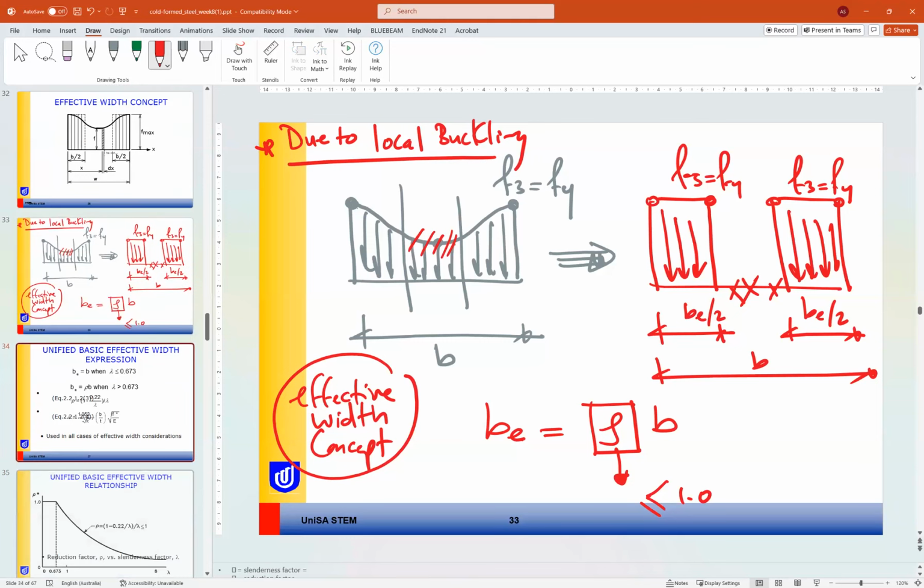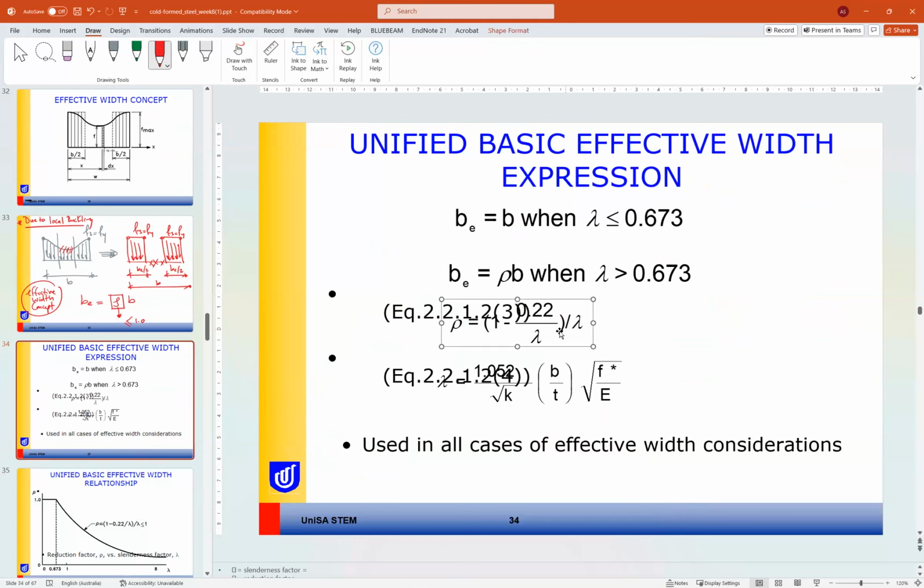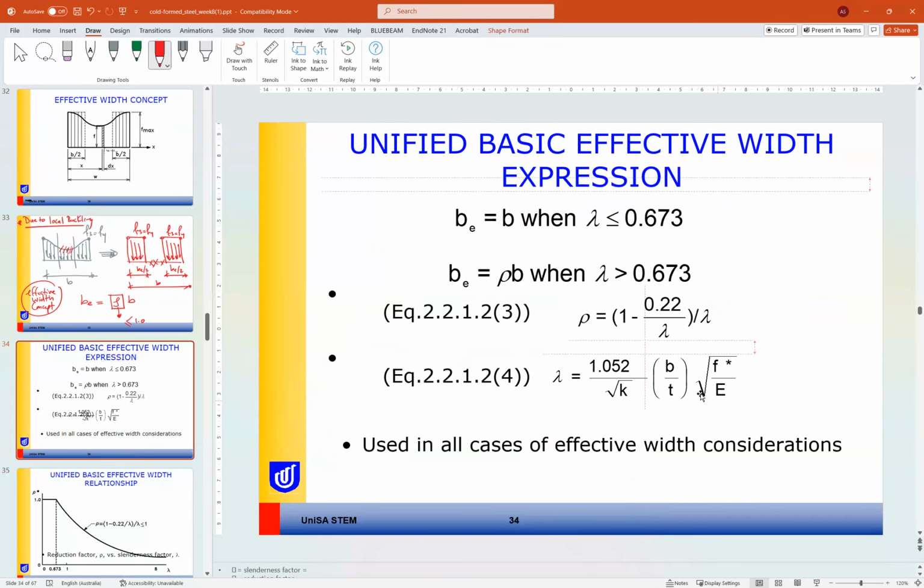So now let's have a look at the formulas from the standard. The effective width expression can be found in section 2.2, equations 2.2.1.23 and 4, for the following cases.